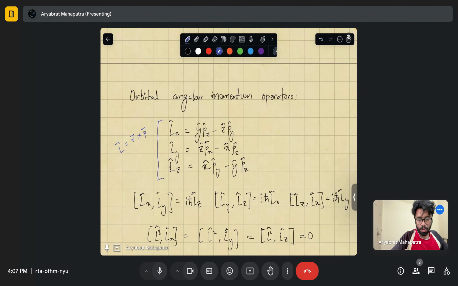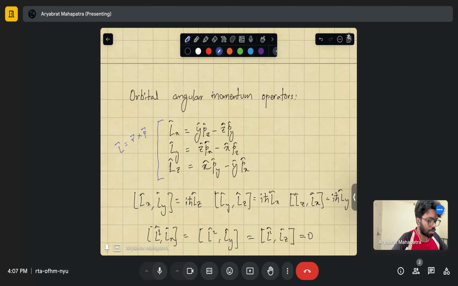But now in quantum mechanics, these are vectors and you need to promote them to operators this time. So we will be treating the angular momentum as an operator, and again they will have their own eigenstates.